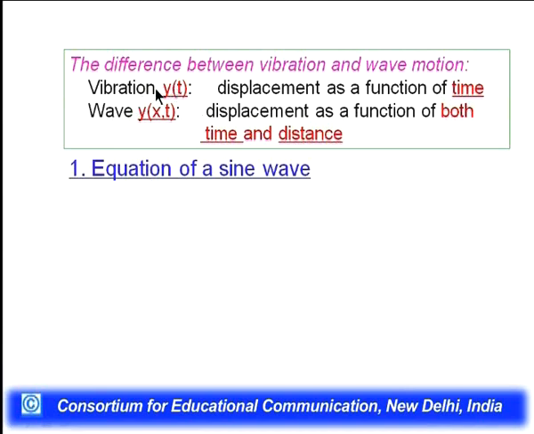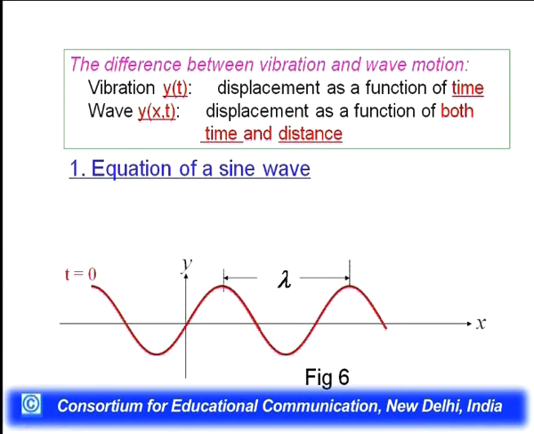Y is the displacement, and the wave is displacing with the time t; that is the vibration. If we talk about the wave, then the wave has a displacement as a function of both time and distance. That is why we write y as a function of x and t. This is the difference between the vibration and the wave motion.